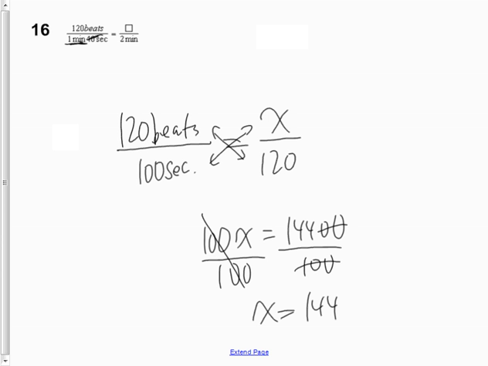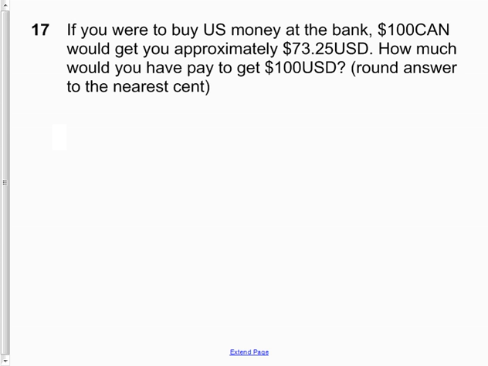So therefore, if it's 120 beats in a minute 40 seconds, it's 144 beats in 2 minutes. How many had that right, just out of curiosity? You had 171, okay. Do you know what you did wrong? Not sure? Okay.